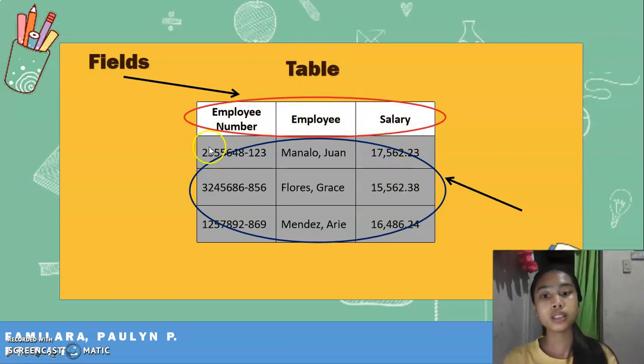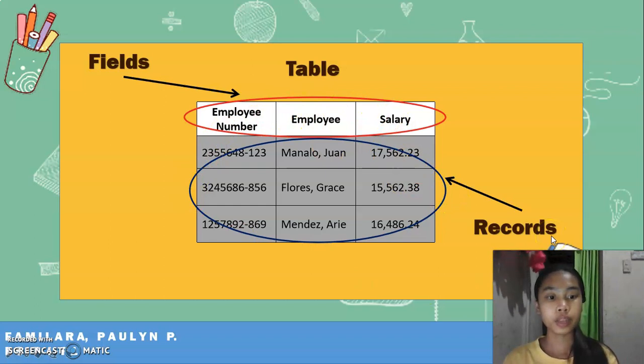So next, this blue circle is the records. These are the columns, and these are the rows. It is the collection of related fields in a database. All the fields for this employee number. What are the employee numbers? This. Then who are the employees? This. And then their salary are this.